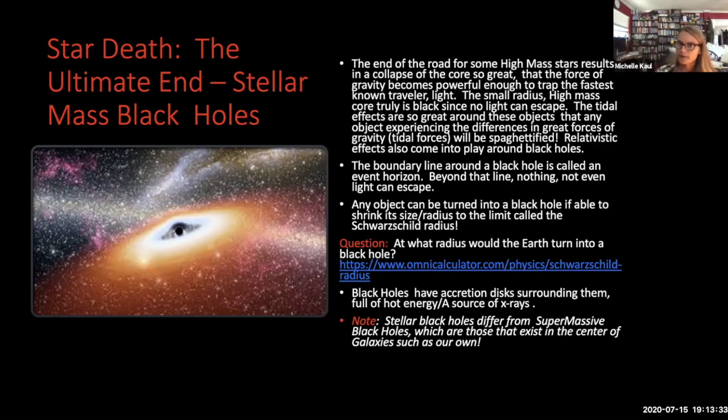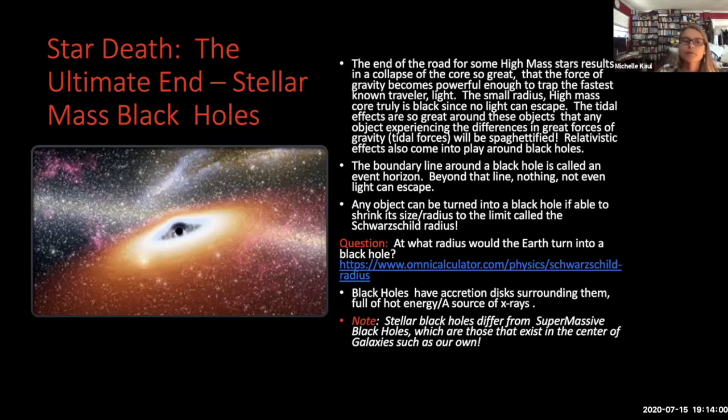Now, the tidal effects, what we mean by tidal effects are the force of gravity, are so great around these objects. These tidal forces, these pushes or pulls, are so strong. So if you're very close to the black hole, at a certain radius, and you compare that gravity to a little further out, let's say 10 times further away, the gravity differences are extreme.